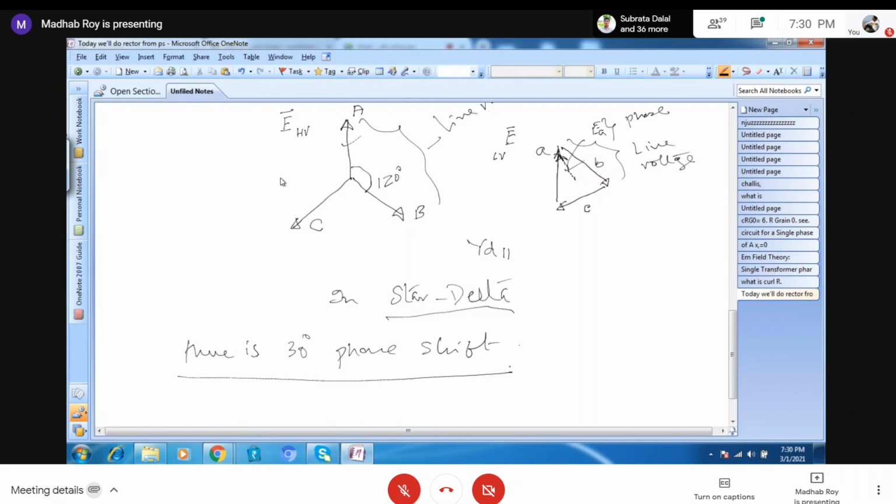Yes, the problem, sir, is there is a 30-degree phase shift. So what is that angle? This angle basically is becoming 30 degree. This angle is basically the 30-degree phase shift. It may be lagging, it may be leading. So what is it here, lagging or leading? Leading.